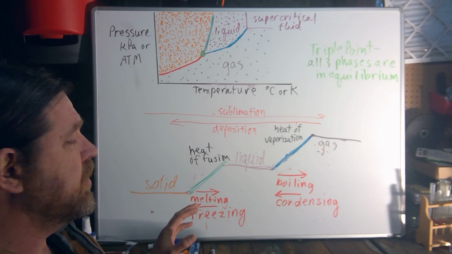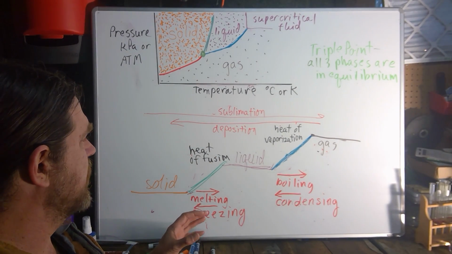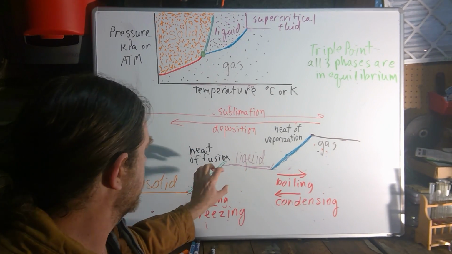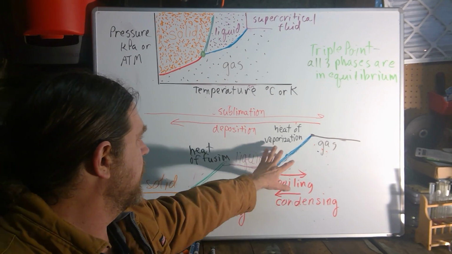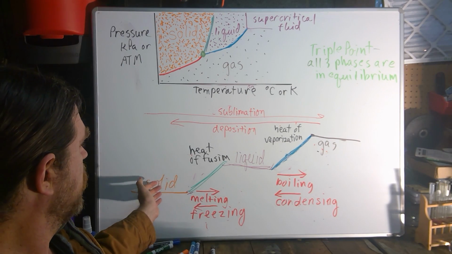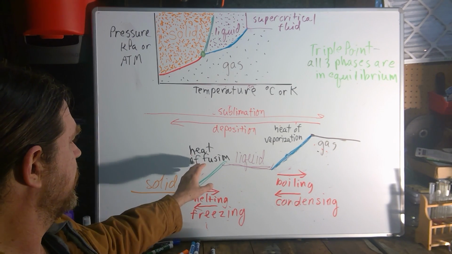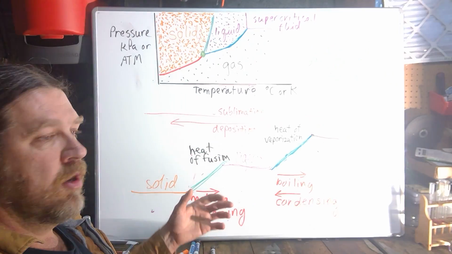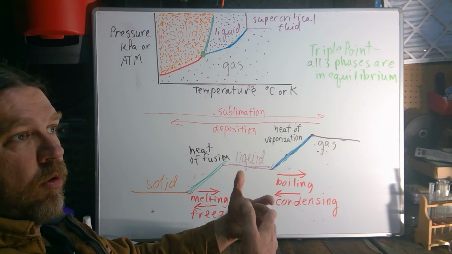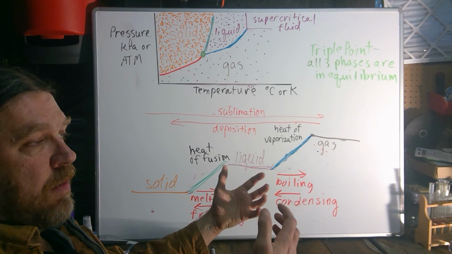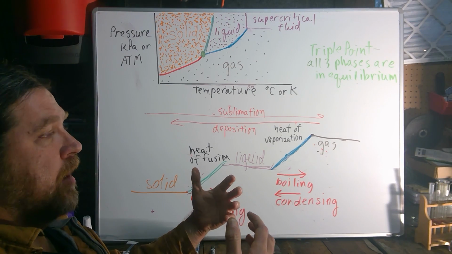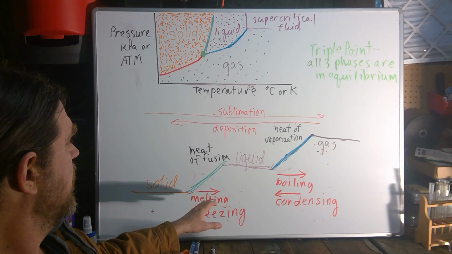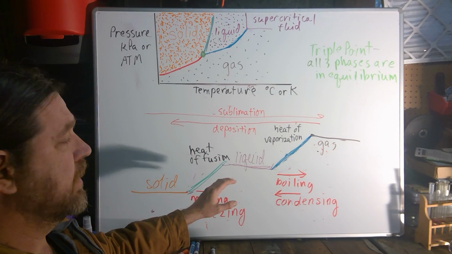And we learned that much of the energy that is invested either in heating or cooling occurs at these 2 points, which are called the heat of fusion and the heat of vaporization. If we're warming up a solid to a liquid, we have to put in tremendous energy investment to weaken those intermolecular forces between the molecules of water or molecules of carbon or whatever it is that we're looking at, and bring it to melting, turn it into a liquid.